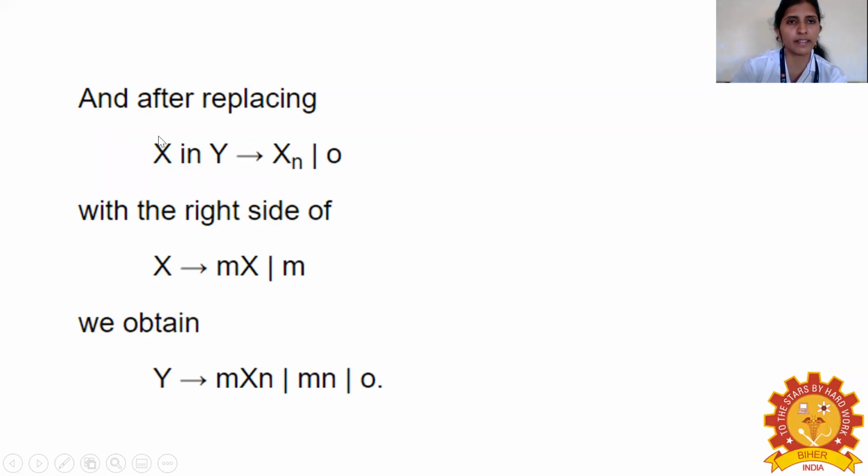Then after replacing X in Y to Xn or o with the right hand side of X to mX or m, so we obtain Y to mXn or mn or o. Okay, instead of X we substitute mX and m.